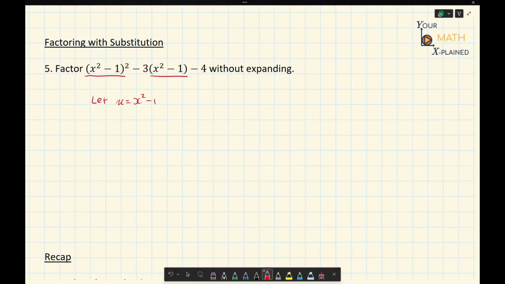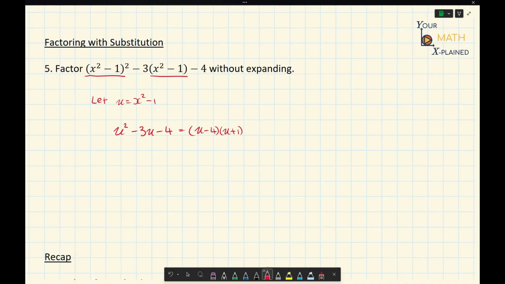So if we do that, we get u squared minus 3u minus 4. And this is just your simple trinomial. We find two numbers that multiply together to be -4 and add together to be -3. And the numbers are going to be -4 and +1. So therefore, we can factor this into u minus 4 and u plus 1.